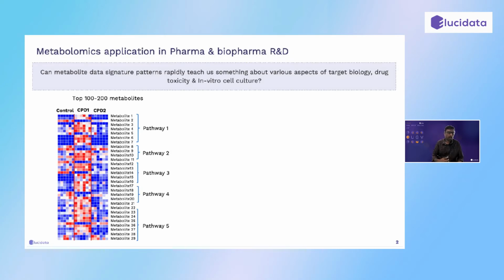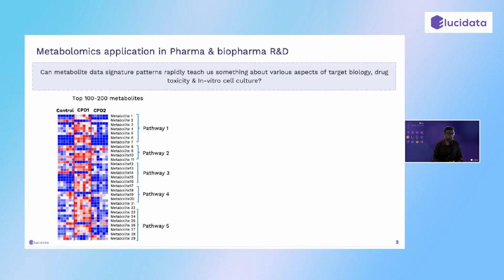So to quickly analyze this data and predict these data signature patterns, we wanted to quickly scan for all of these metabolites, the known metabolome, and select the top 100 to 200 metabolites that dictate these changes.